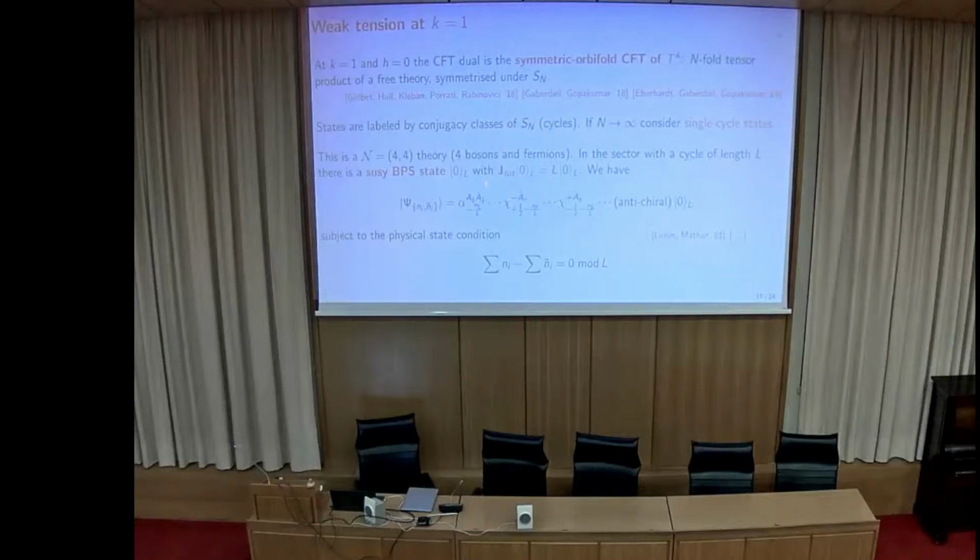And still, you need a physical state condition, which is the state under the orbifold, and that just tells you that the sum of the modes of the chiral part minus the sum of the antichiral part should be zero modulo L. So there are, again, twisted sectors of L or a multiple of L, but you have one condition, which is, of course, very much reminiscent of the level matching condition.